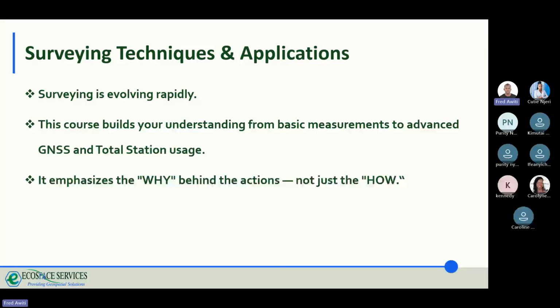I understand that there are some places where people still use chains, where you're supposed to do a subdivision, you have to pace and determine the distance. So the course is built for understanding from the basic measurements to advanced technology using GNSS and illustrations. So we cover both parts.